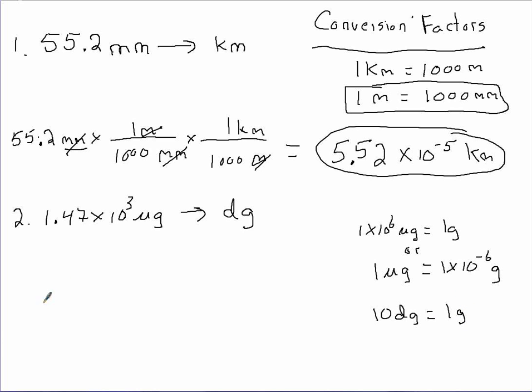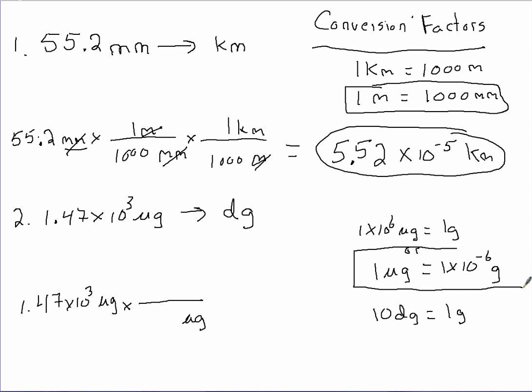All right, so let's do the problem. We've got 1.47 times 10 to the third micrograms. We're going to go times in a line. We look at the micrograms, which tells us we want to put micrograms in the bottom. Which one of these are we going to use? Well, let's go ahead and use the second one, right? Which is what the book tells us from that chart.